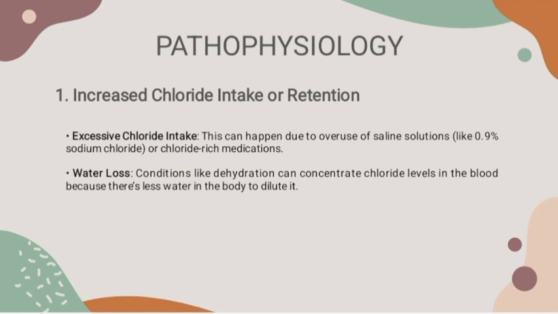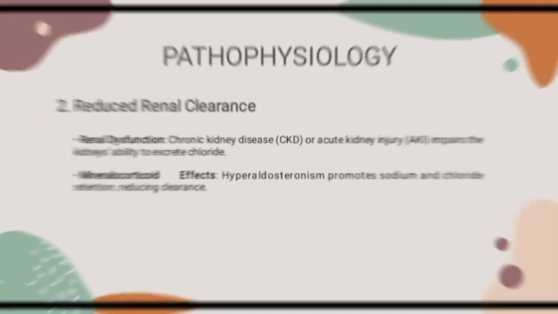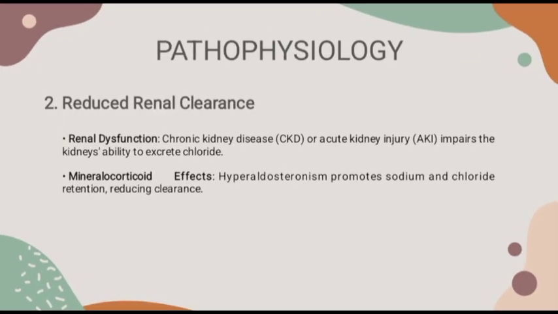When the body loses water due to excessive sweating, diarrhea, vomiting, or inadequate fluid intake, the overall volume of ECF decreases. However, the total amount of chloride remains the same. As a result, chloride becomes more concentrated in the reduced volume of fluid, leading to elevated levels in the blood.